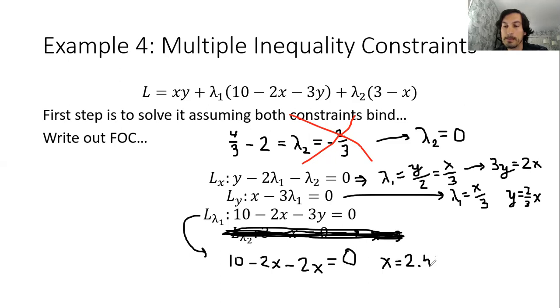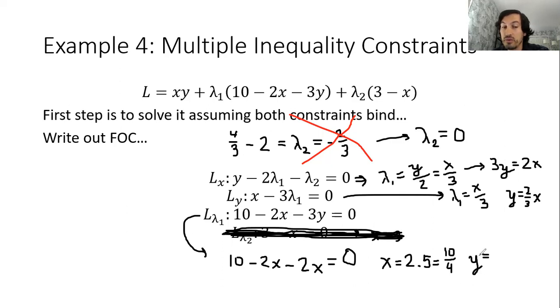Right? Maybe I should write it 10 over 4. Is that a little nicer way to write it? Agreed. We found x. What about y? Y is equal to 2/3 times x. So when you take 2/3 times 10 over 4, is that right? 20 over 12, or why did I write this as 10 over 4? This actually could have been 5 halves.